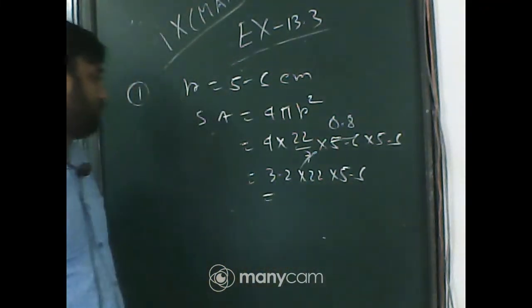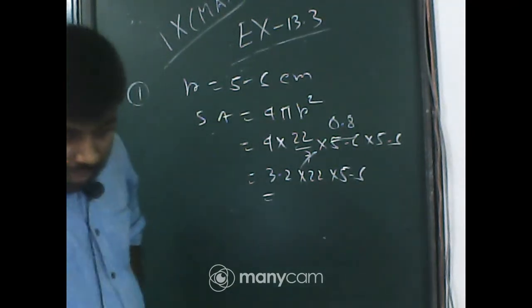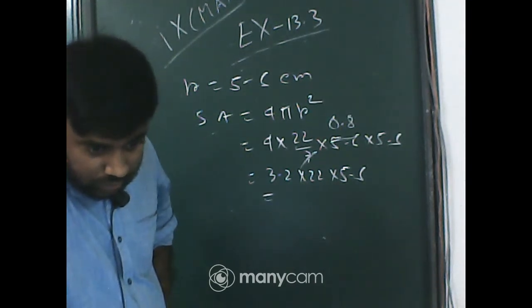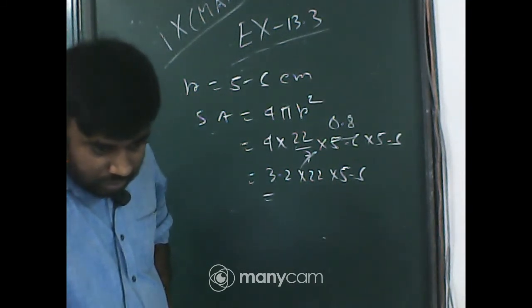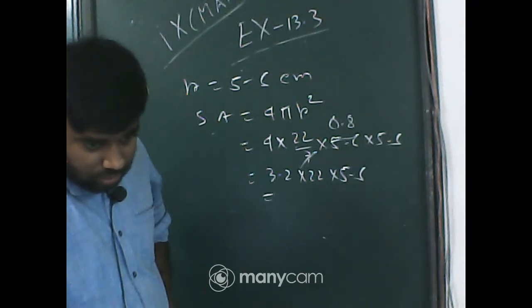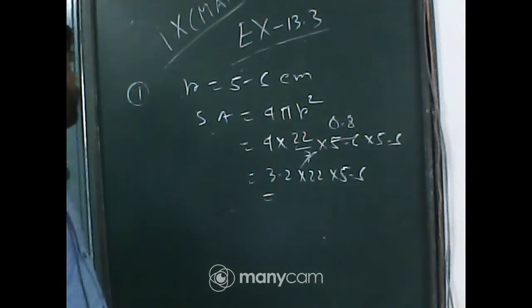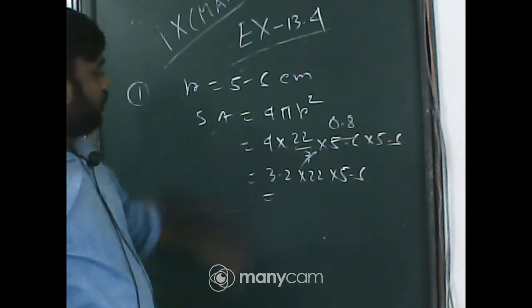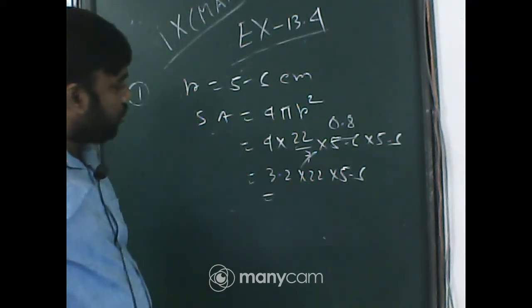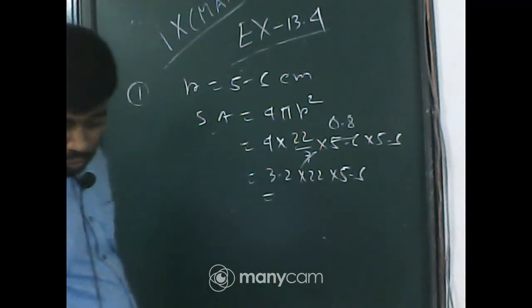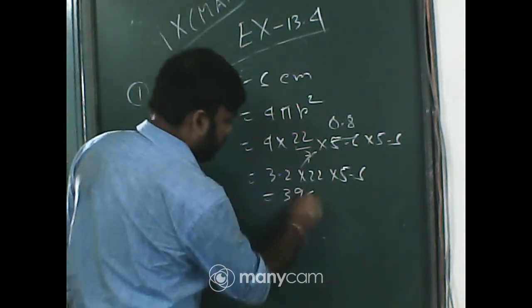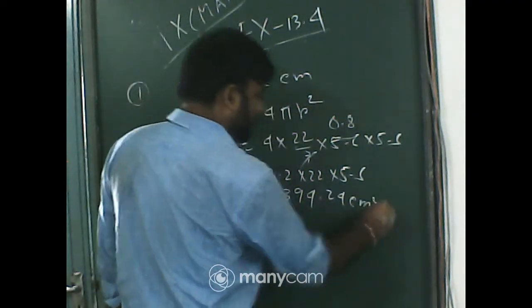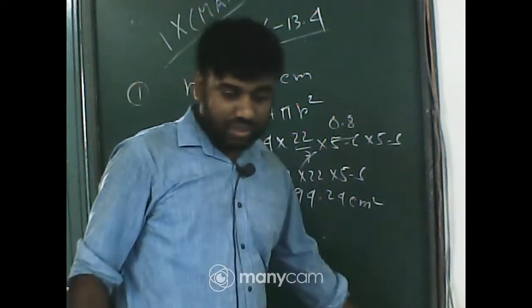Multiply it, and that is 3.2 into 22 into 5.6, that is 394.24 centimeter square. Got it? Next question.